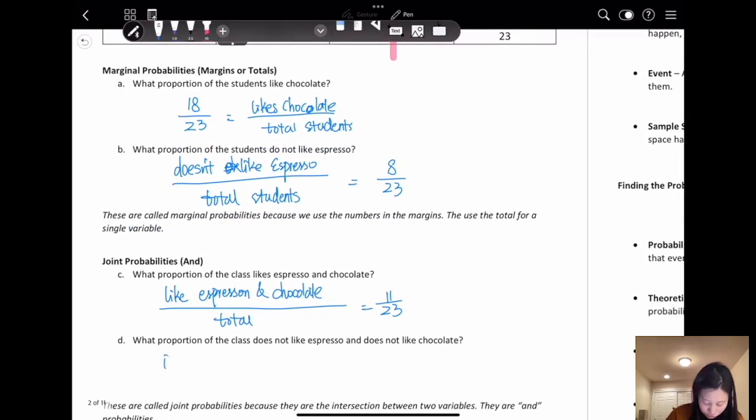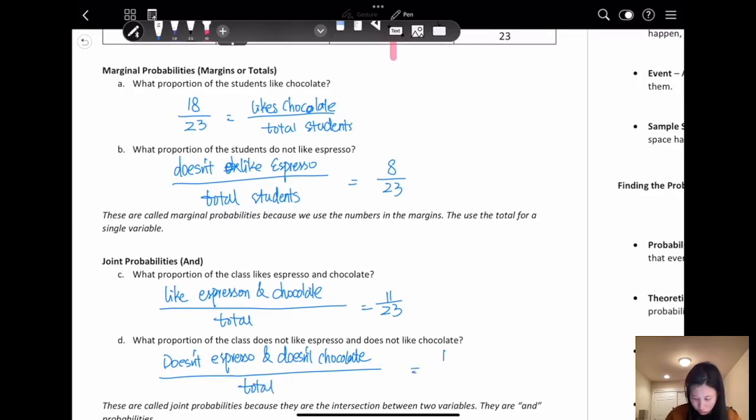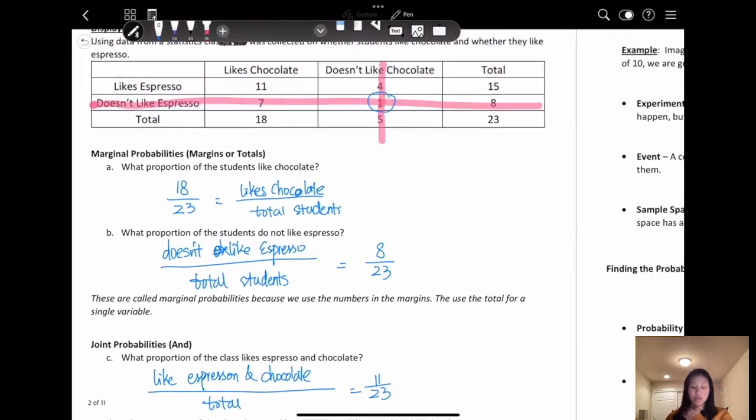So we find the students who don't like espresso and don't like chocolate, over the total number of students, which is 1 over 23. So this is called joint probability. That means they need to satisfy both conditions, or the condition where they overlap.